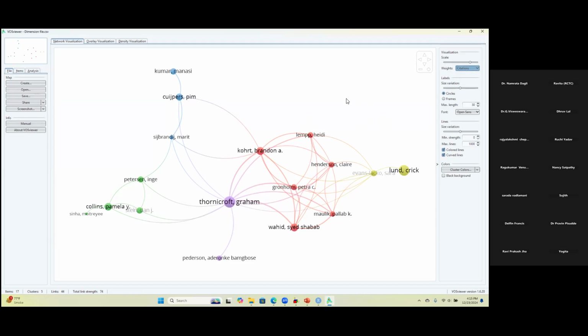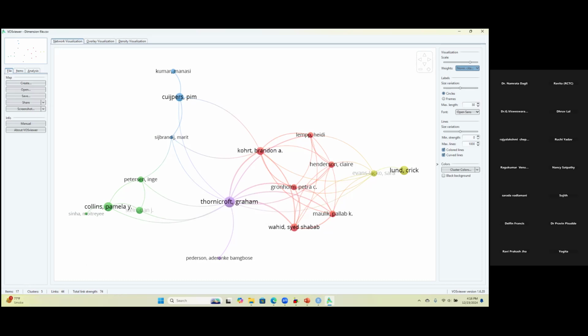Then only will I be able to check whether it is representing citation or document or link strength or citation, normalized citations. When you write results, you also need to mention these things.